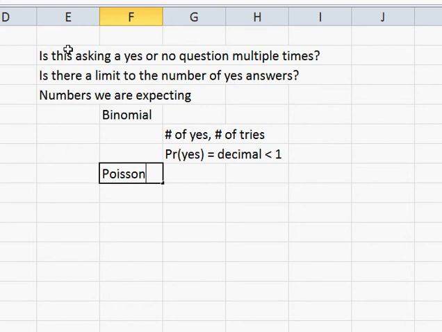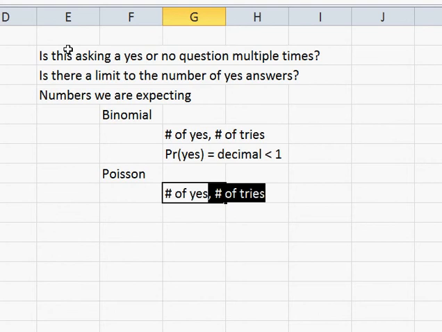If I have a Poisson, there is no limit to the number of yeses, and we can ask how many do we want, and then also the number we expect. This may be a decimal.